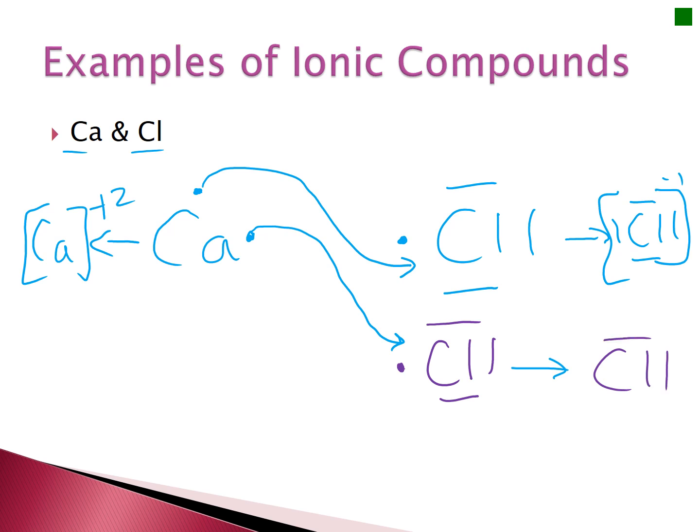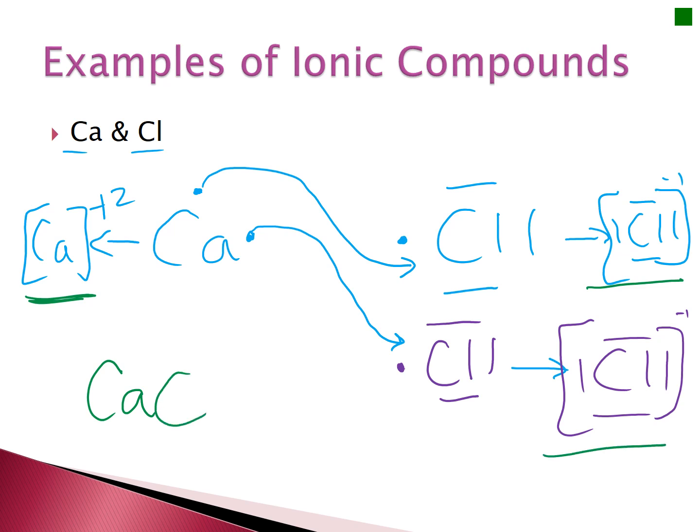It would have 8 valence electrons. Give it its brackets, give it its charge of -1. Now to come up with the formula, figure out how many Cas I used. Just look at your brackets. How many things do I have in brackets? I have 1, so it's Ca1. And how many Cl's do I have? 1, 2. So I'd have Cl subscript of 2. These are ionic compounds because you have that give and take of electrons.